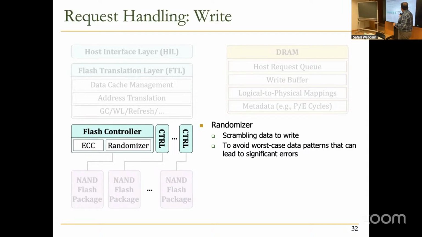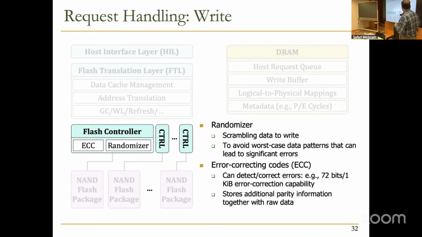So people use a key, and using that key, they scramble data just to make sure that hopefully we don't have those worst case scenarios. So that's the process of the randomizer. Your data that you want to write, you randomize it with the key, and then you write to the flash memory. And when you're reading, you need to use that key to de-randomize and get the actual data to the host.